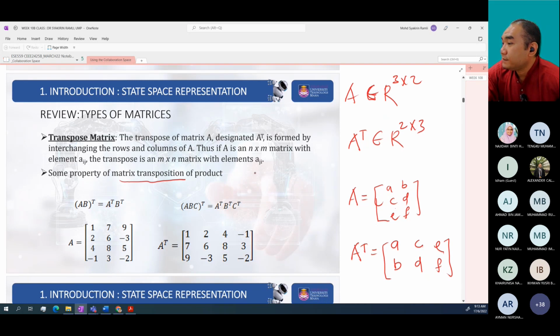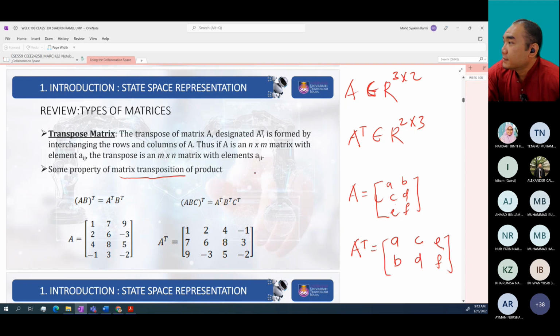Boleh kan? Boleh, sir. Right. The challenge of online learning is we cannot see the faces of the students. I cannot see the face of the student lah. Tak nampak muka kan, you off camera. So kalau you on camera, dia akan menyebabkan lagging kan. So the same thing happened to my student because some of them using data dan sebagainya. Kalau dia kata on camera, dia akan jadi lagging.